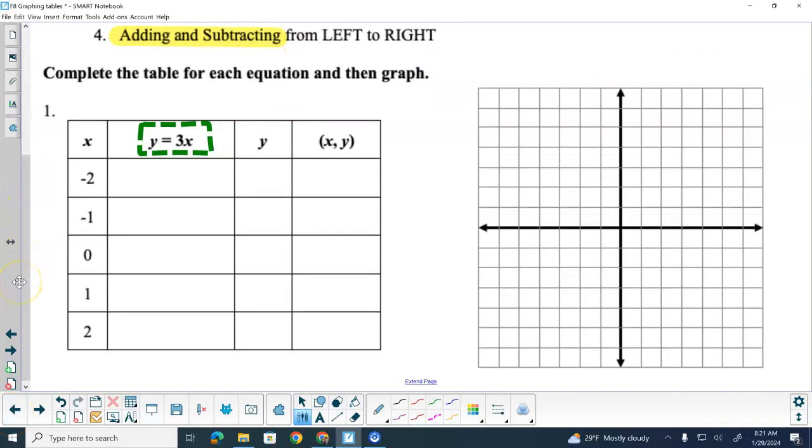What we need to do then is take this x value and plug it into our equation for x and get the y value from them.